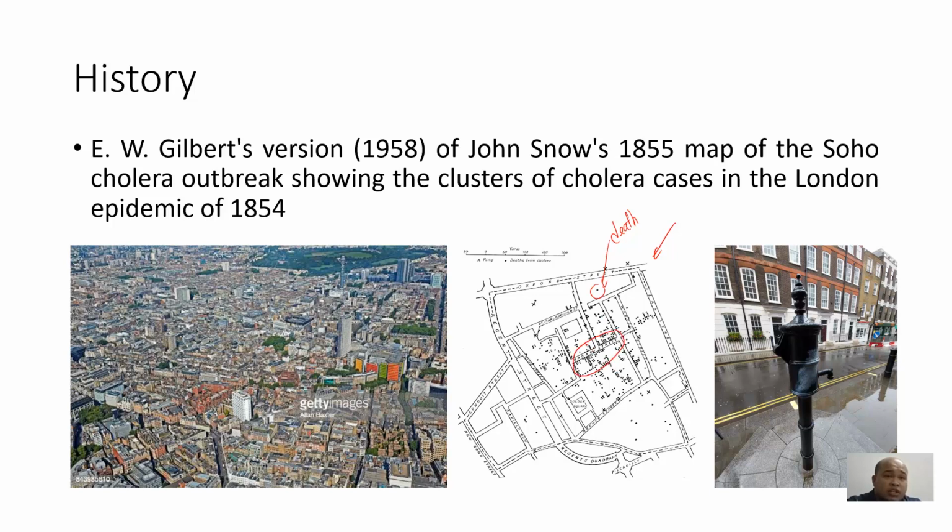Right in the middle here, the deaths are very, very dense compared to this area or this area. Therefore, they noticed that people in this center pumped their water from this, like a fire hydrant. This is the water pump from beneath the ground.